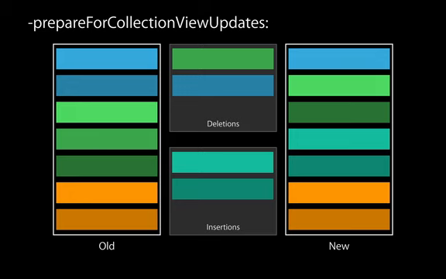And then, before I'm done with prepare for collection view updates, I calculate the delta in the height of the two layouts, as well as the change in where the offset of the start of my content should be. Because I've got content that's pinned and possibly scrolled off the screen, it gets a little bit tricky. And for the sake of the examples, we're going to ignore all that. But that all gets done right here before I return from prepare for collection view updates.